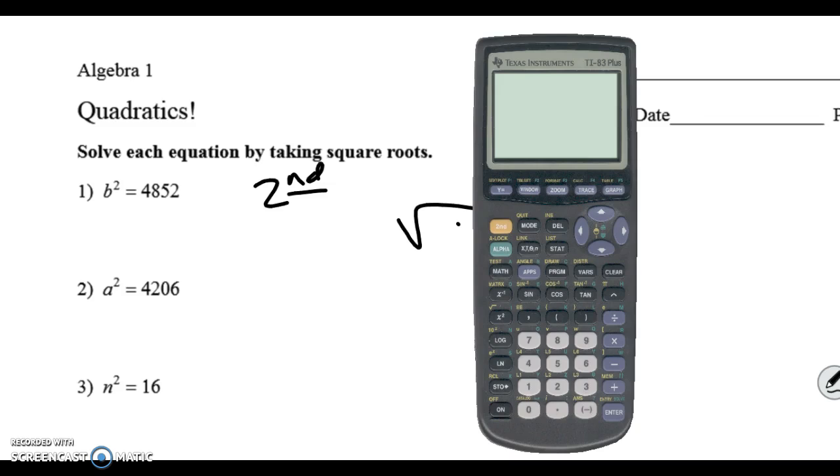Okay? So when we turn on our graphing calculator, we need to be able to hit second, and that's called the square root. And the square root undoes the square. So let's turn on our graphing calculators, and you can see that there's the second, and there's the x squared button right there.